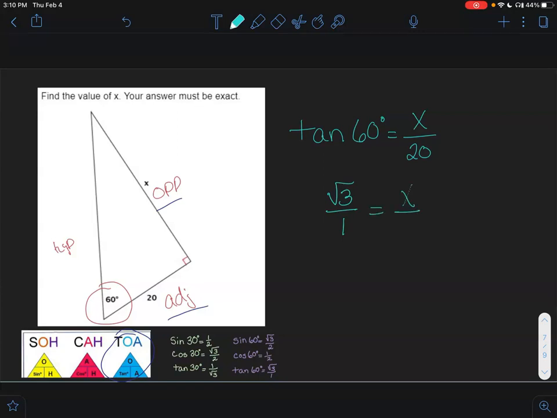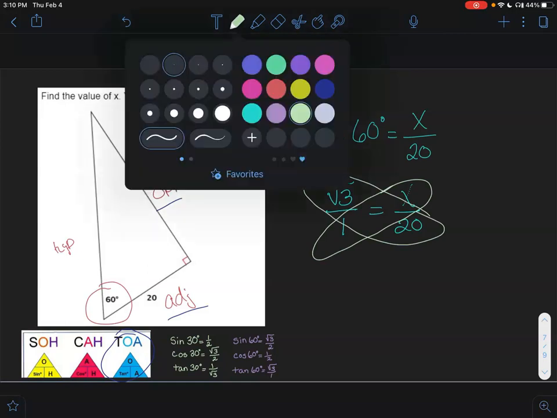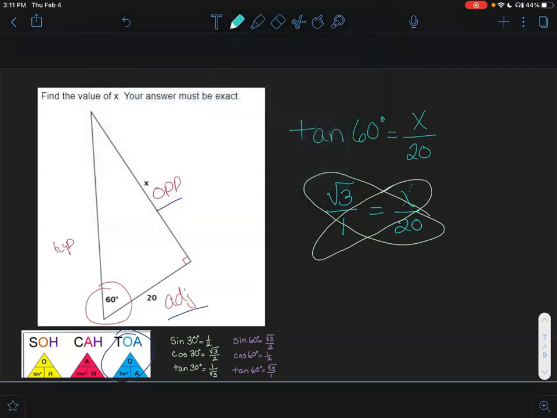So there's our proportion. And we can go ahead and cross multiply and solve, or if you want to just multiply by the common denominator, you can do that as well. All right, so we end up with x equal to 20 square root 3. And you're done.